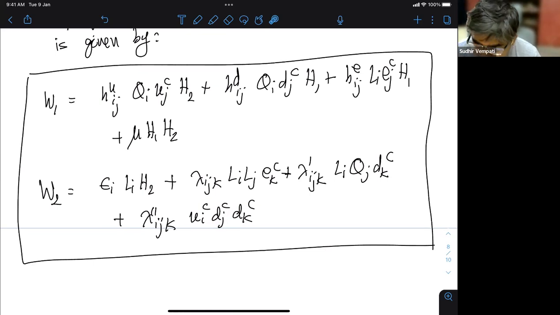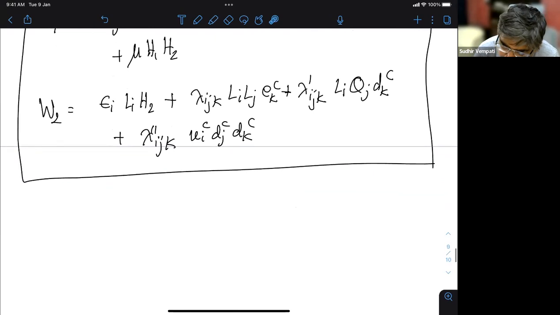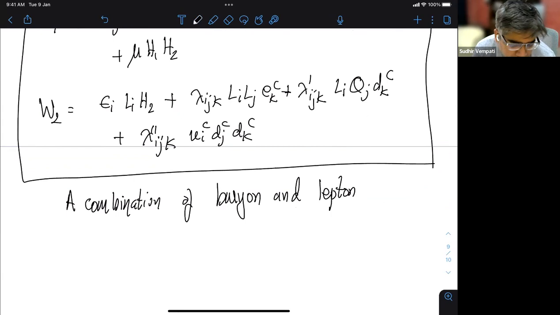Together they are disastrous in a superpotential, because a combination of baryon and lepton number violating couplings can lead to fast proton decay.